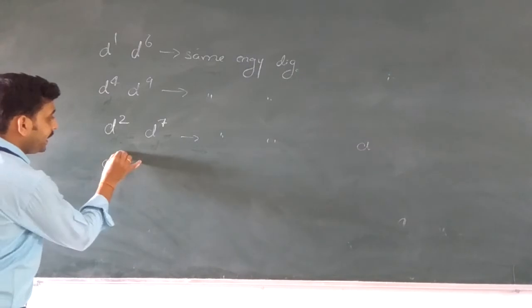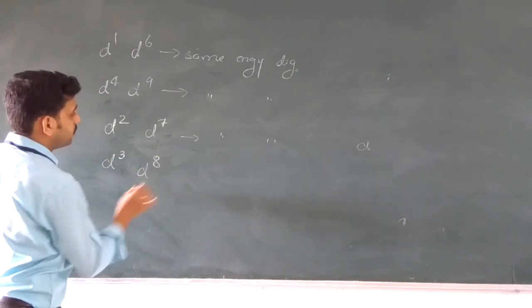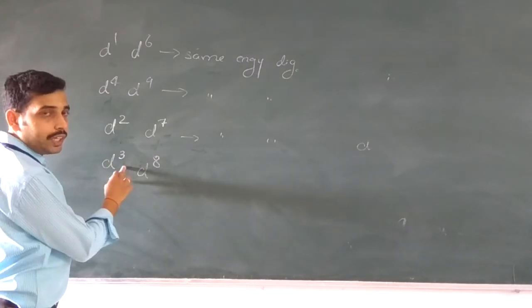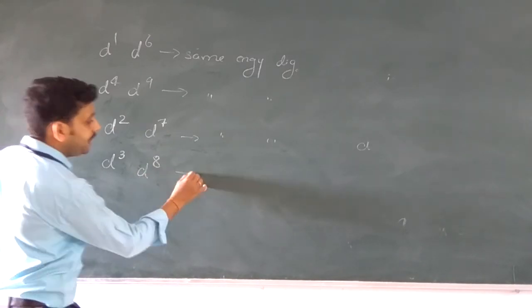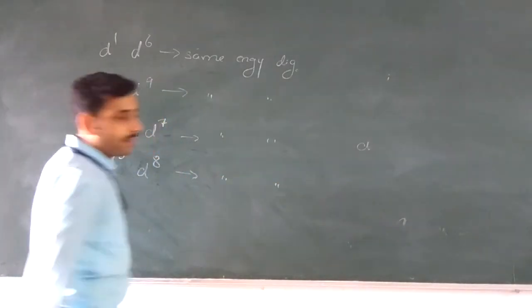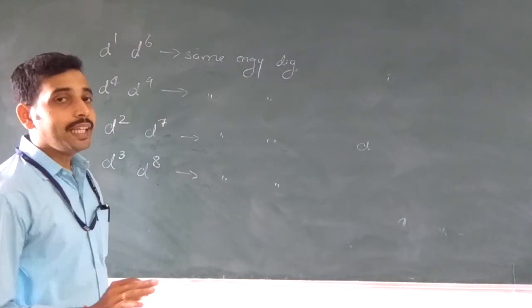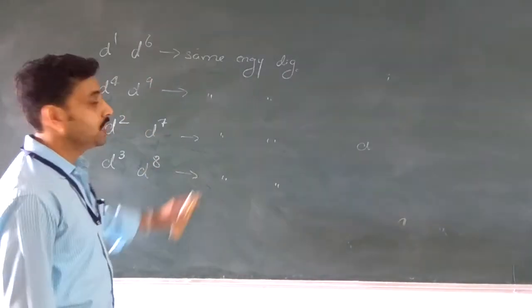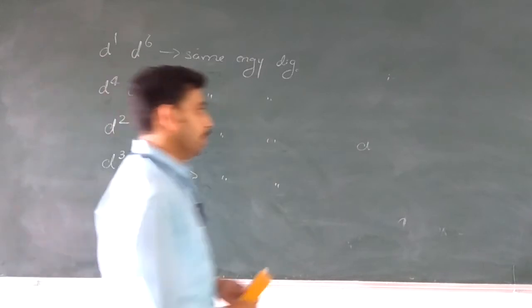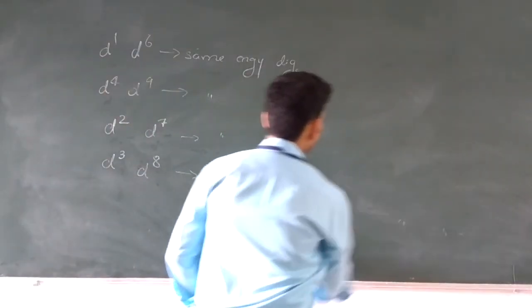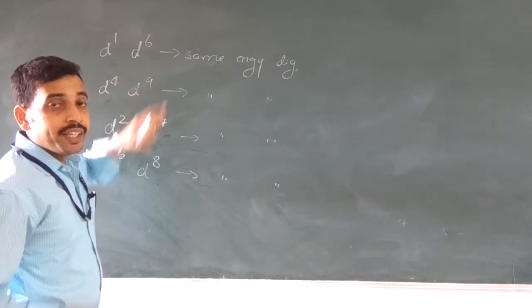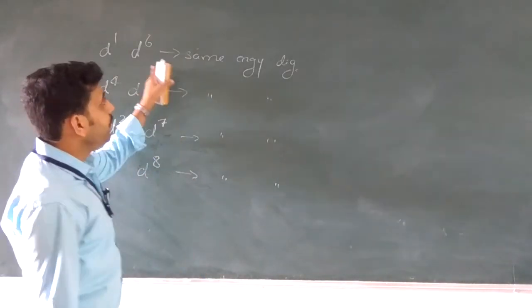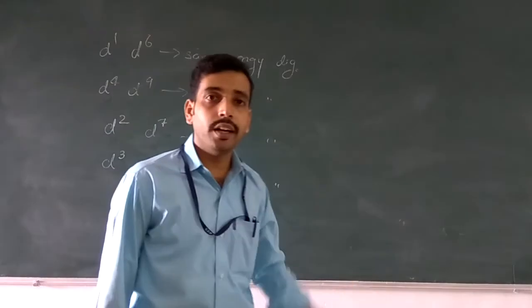Next, D3 and D8: n equal to 3, n plus 5 is 8. D8 of octahedral or tetrahedral geometry has the same energy diagram. That is the first two rules. Next, the D1 D6 system of octahedral geometry is the reverse of the D1 D6 system of tetrahedral geometry.